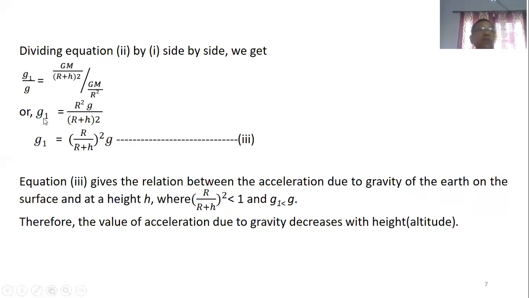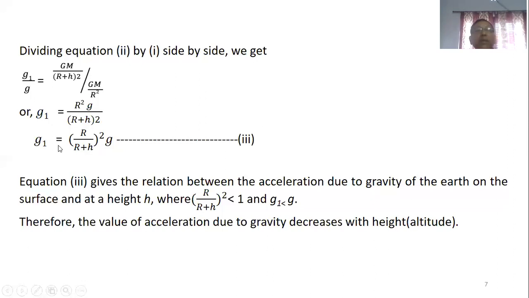That's why g1 equal to R square by R plus h whole square into g. And this gives us g1 equal to R by R plus h whole square into g. It is taken as equation 3, and this g1 equal to R by R plus h whole square into g gives the relationship between g1 and g.